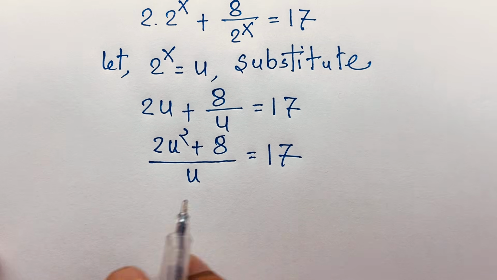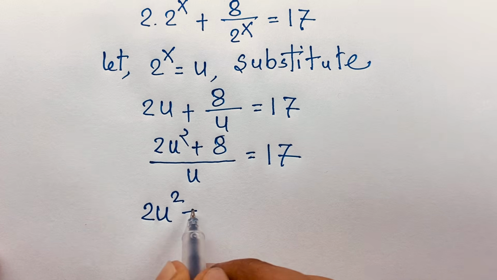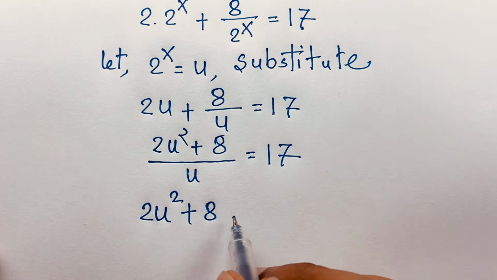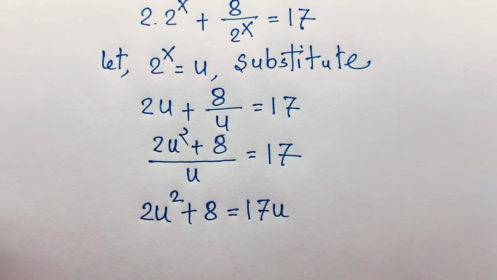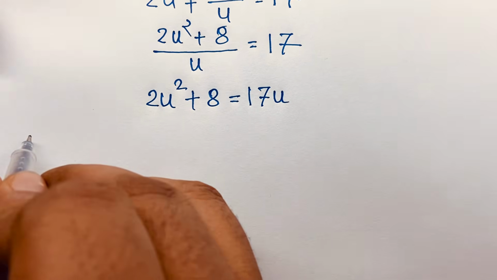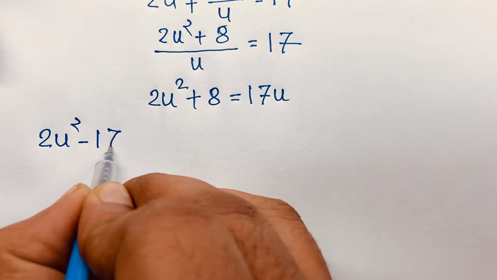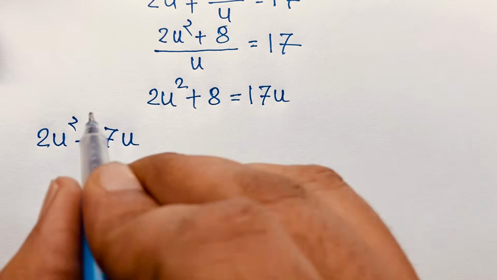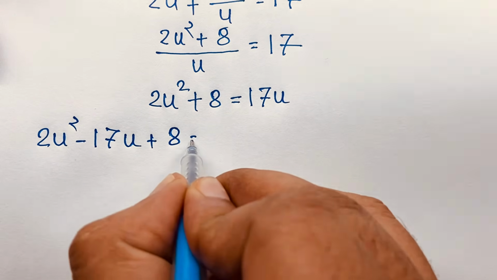Now I multiply both sides by u, so it will be 2u square plus 8, equal to 17u. Now we find a nice quadratic equation, which is 2u square minus 17u plus 8 is equal to 0.